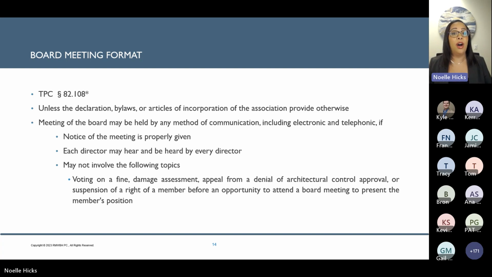It cannot involve certain topics such as voting on a fine, damage assessments, an appeal from a denial of an ACC approval, or the suspension of a member's rights before they've had an opportunity to be heard at a board meeting. So these are the requirements under Chapter 82 for the board meeting format. Again, those can be held by electronic or telephonic means as well, but we've got to make sure that we meet those certain requirements that I just talked about.